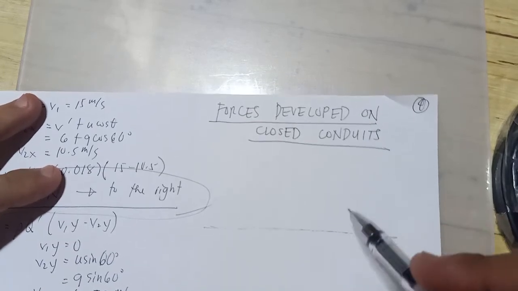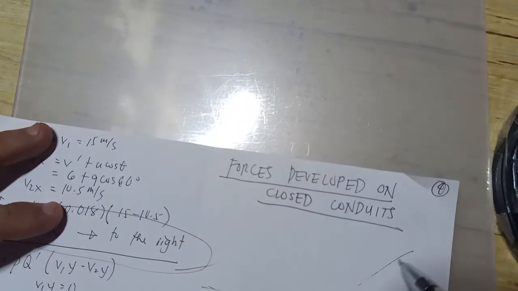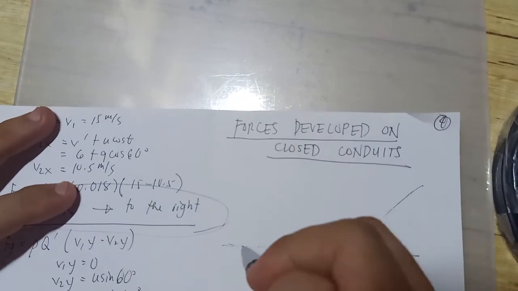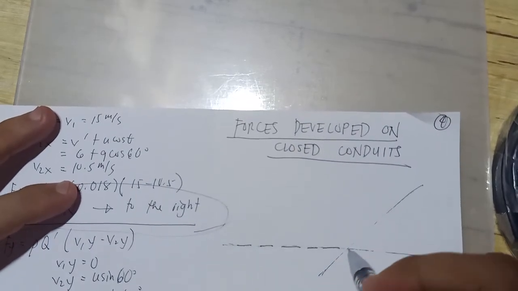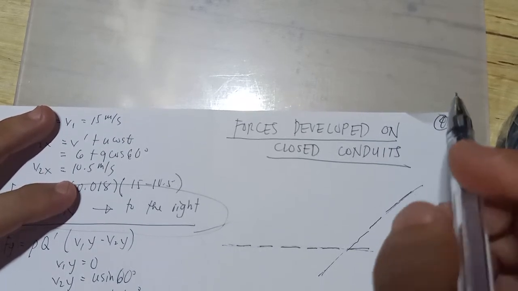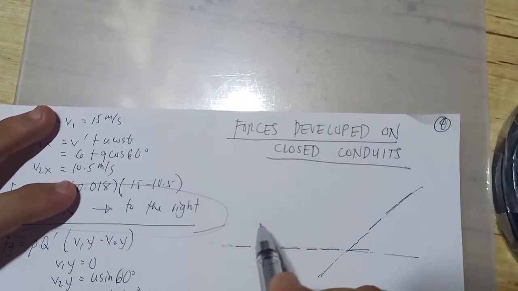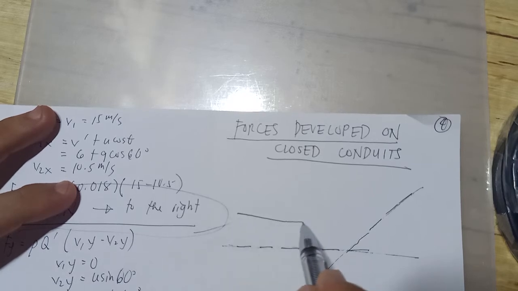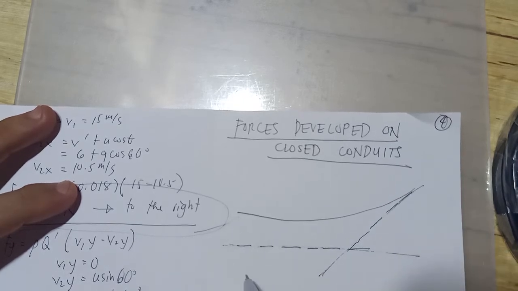So the topic na to, let's draw like this na. Broken lines. So varying yung diameter from bigger to smaller.